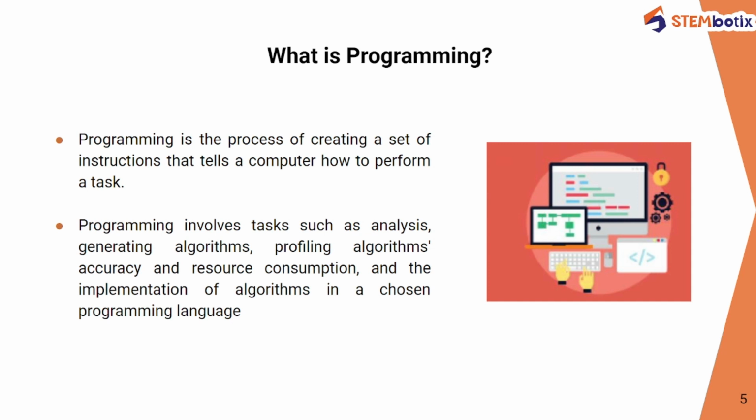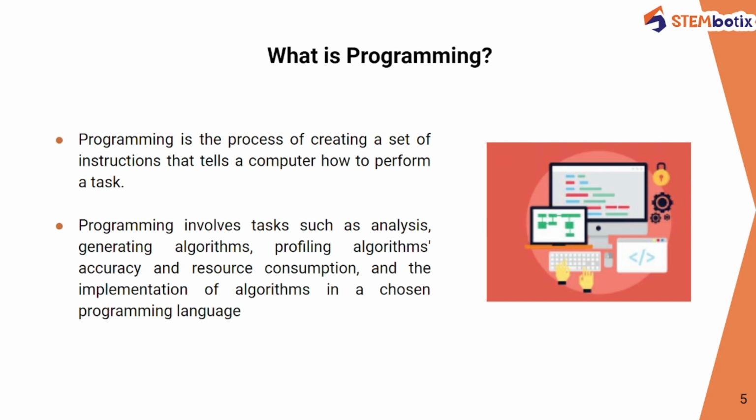Now, let us briefly discuss some key points about coding. The first one is programming languages. There are numerous programming languages, each designed for a specific purpose. Some popular ones include Python, Java, C++, JavaScript, and more.